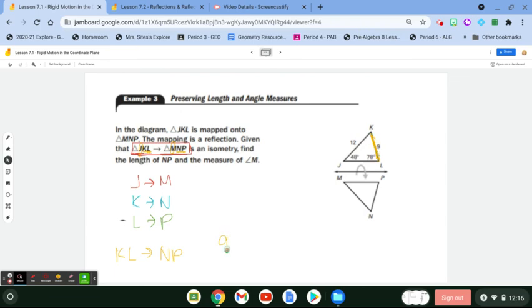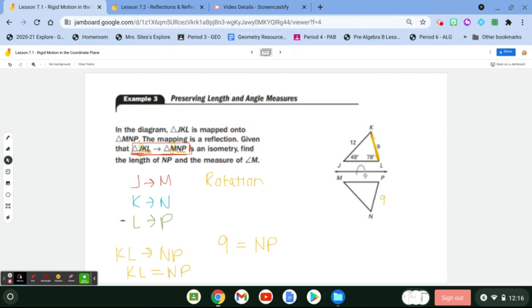So it has to equal the same thing on NP, because an isometry is going to preserve any type of angles or any type of length. So we would say that KL and NP are going to equal one another. So NP is going to equal 9.